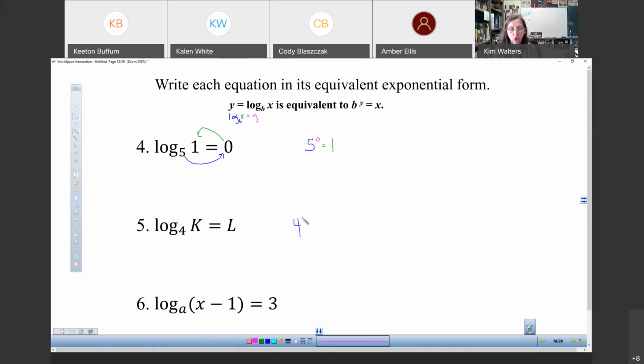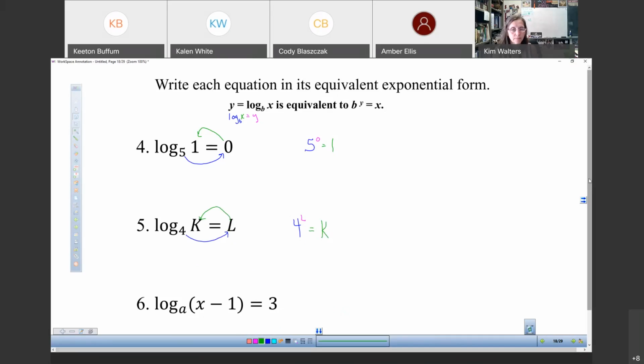What's going to go here? Yes. Have confidence. No question marks. 4 to the L, and this is all going to be equal to K. Right? So 4 to the L power equals K.